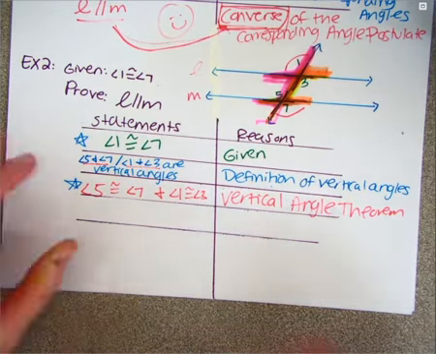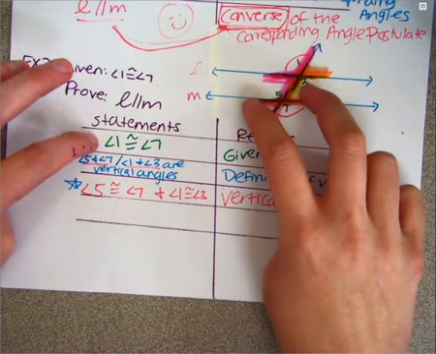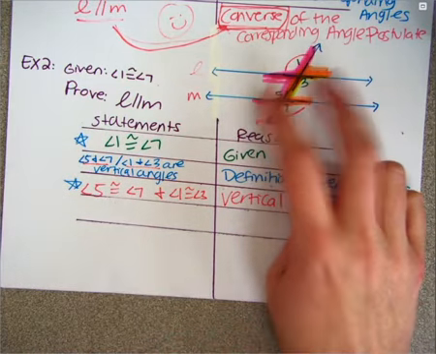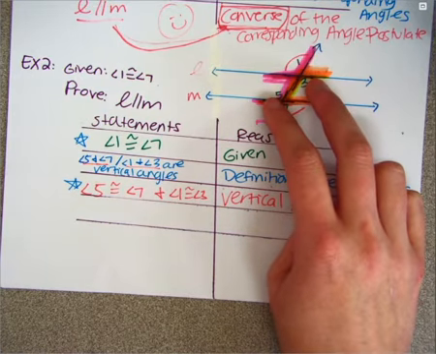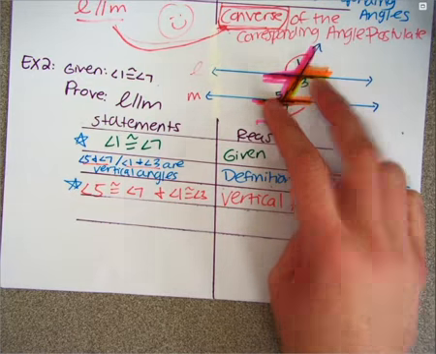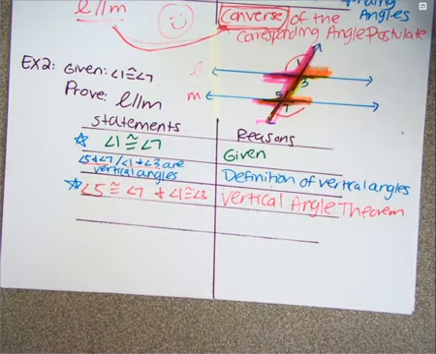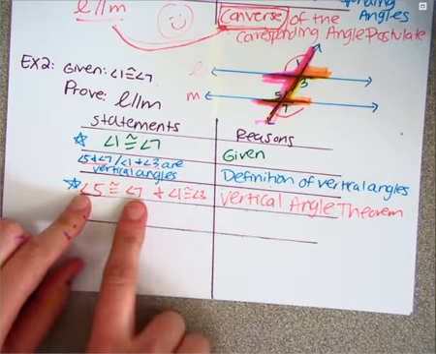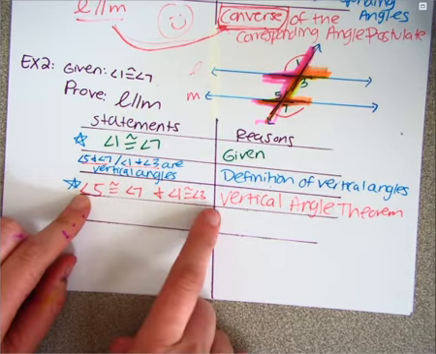Since there's only one pair of alternate interior angles, I'm going to go that route. So do you guys see a way using this line and this line that I can show 5 and 3 are congruent? Because if I can show 5 and 3 are congruent, and I know 5 and 3 are alternate interior angles, that means lines are parallel, which I might need another line, but we'll see. So I'm trying to show 5 and 3 are congruent. 5 is congruent to 7, 7 is congruent to 1, and 1 is congruent to 3.